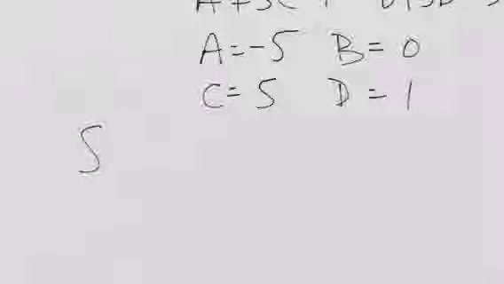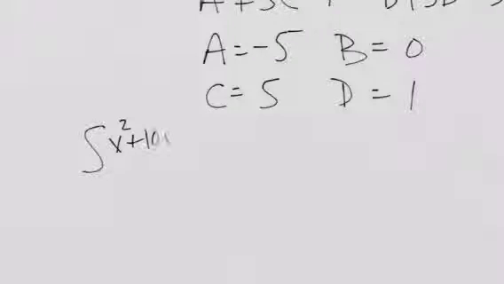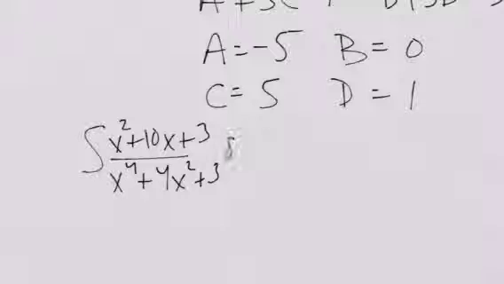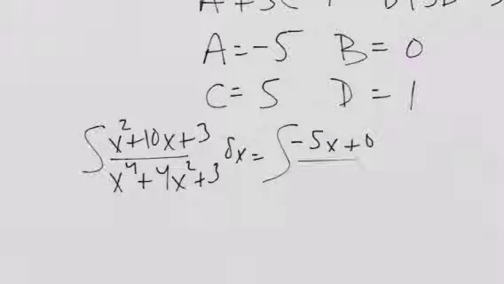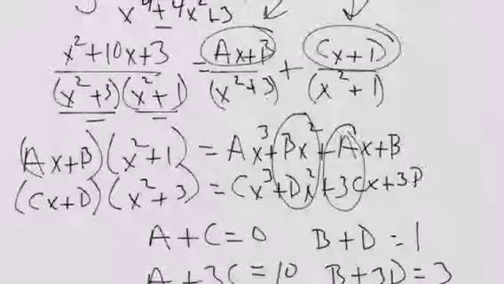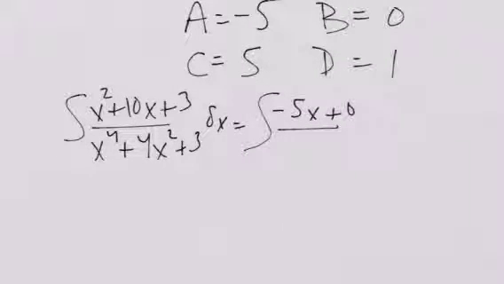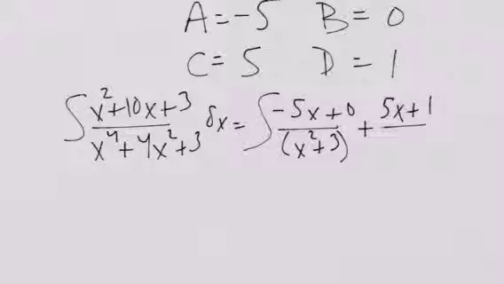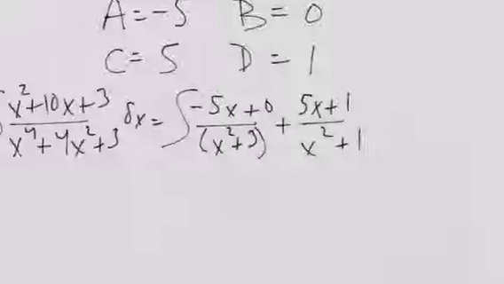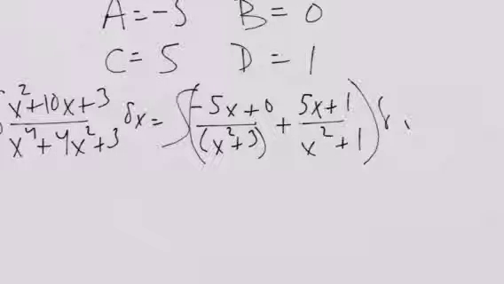I have the integral of x squared plus 10x plus 3 over x to the 4th plus 4x squared plus 3 is equal to negative 5x plus 0 over x squared plus 3, and then cx plus d, so a 5x plus 1 over x squared plus 1. And this is all with respect to x.